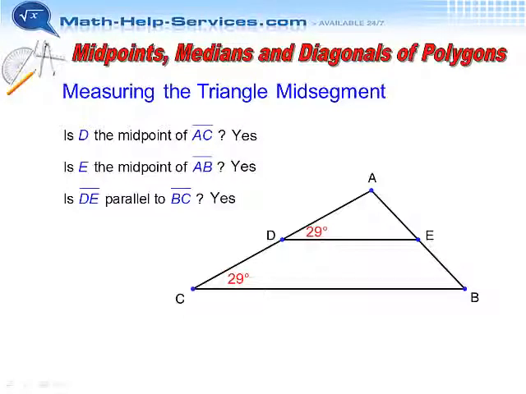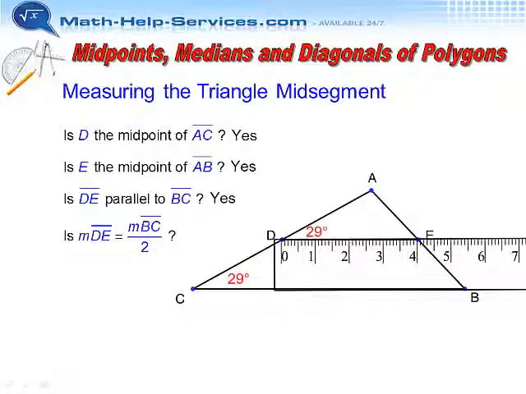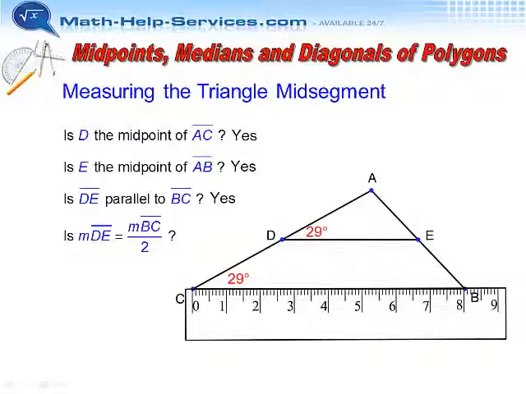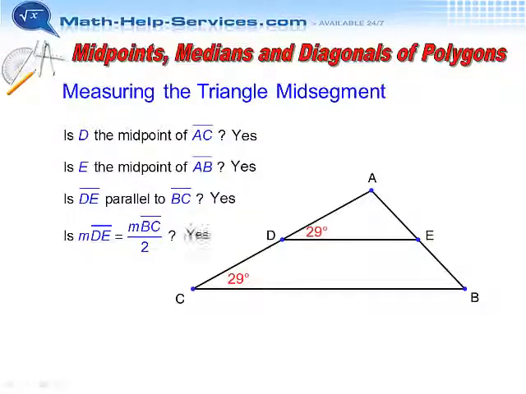So yes, line segment DE is parallel to line segment BC. So is the measurement of line segment DE equal to the measurement of line segment BC divided by 2? We measure, and measure again, and we can see that yes, it is.